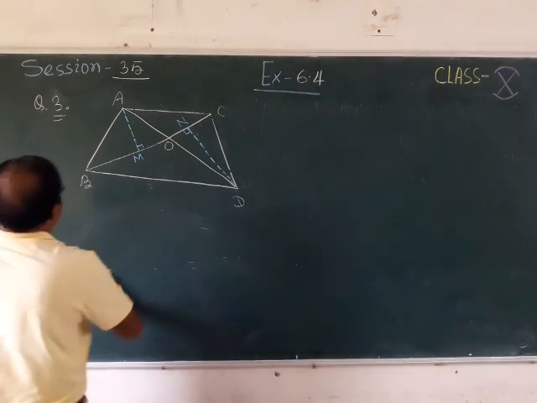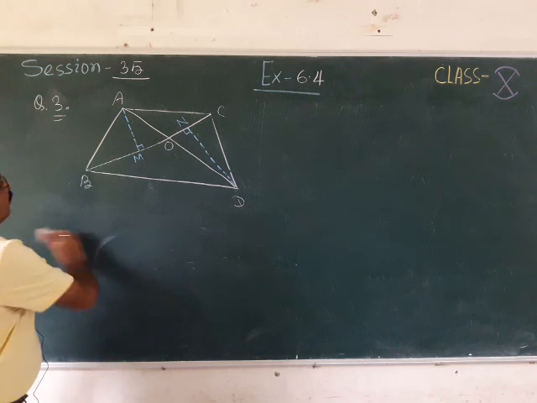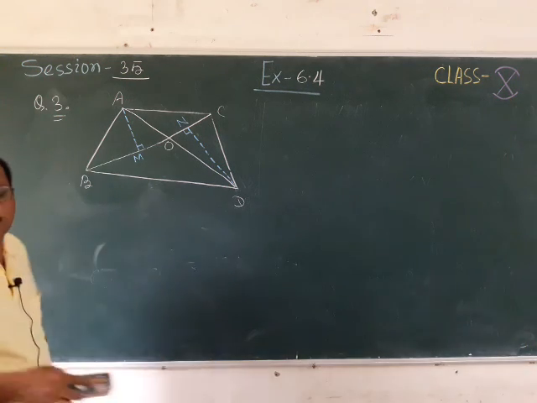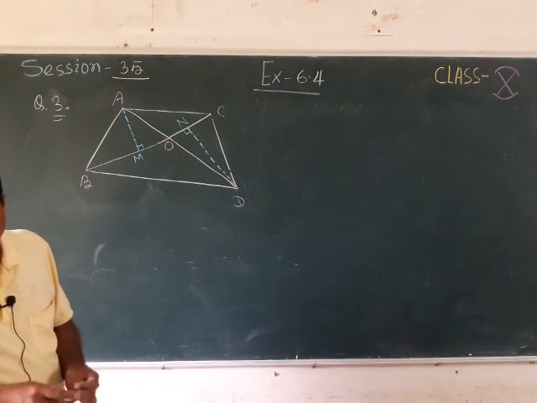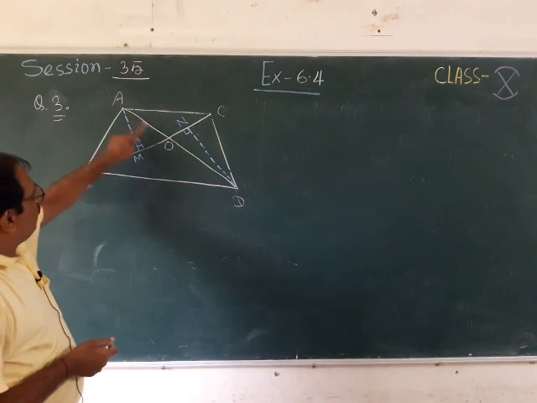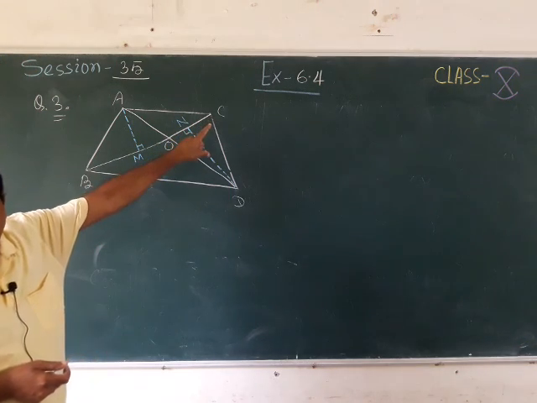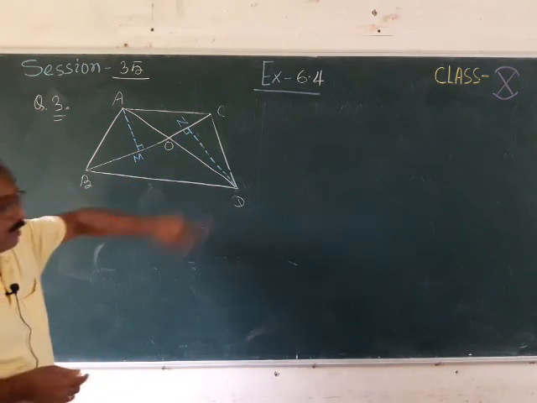Okay. Once you have written what is given and what is to prove, and the construction also, now, in triangle AOM and triangle DON, we will see in both these triangles.